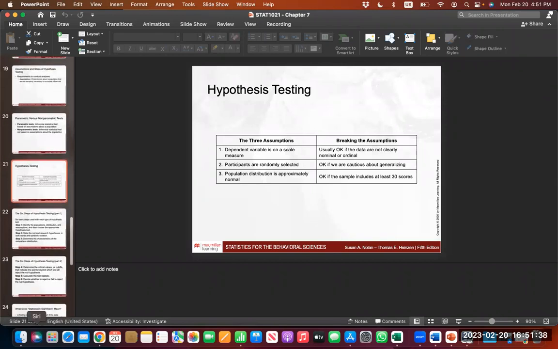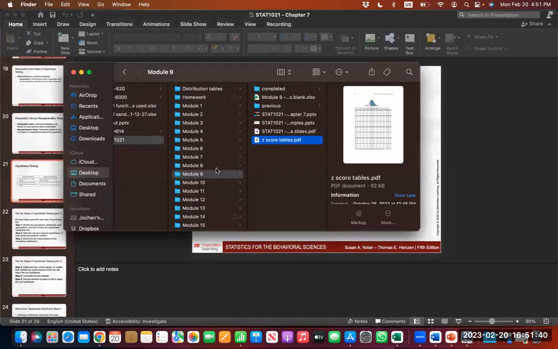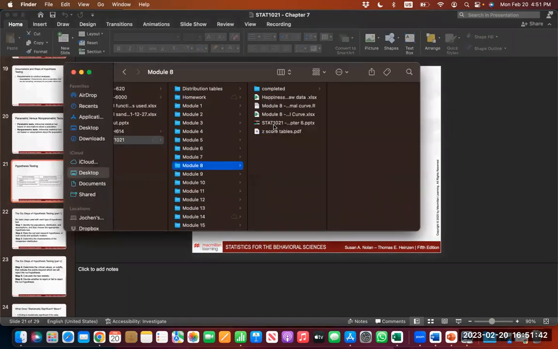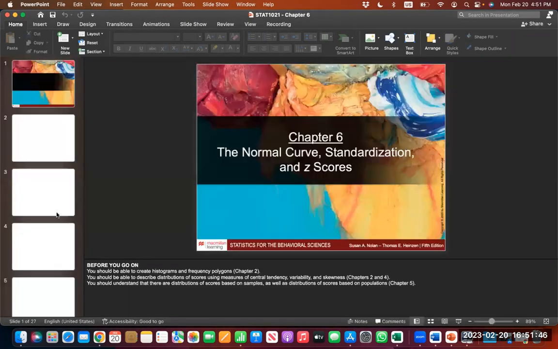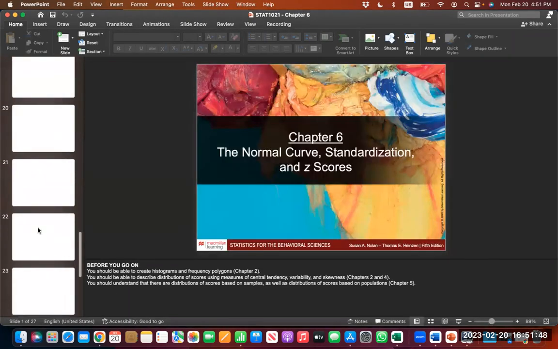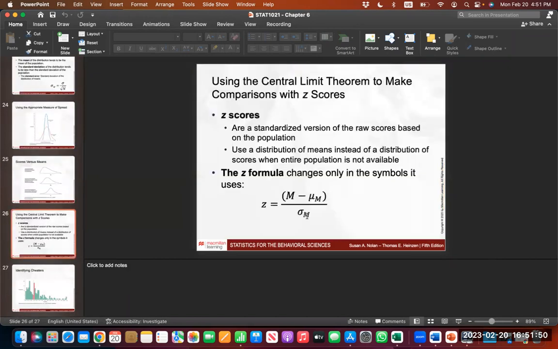And that was the formula which we looked at in chapter 6, where we basically have also seen that this Z score, this is the sample mean minus the population mean divided by the standard error of the mean. So we have a variability in our sample mean estimates.